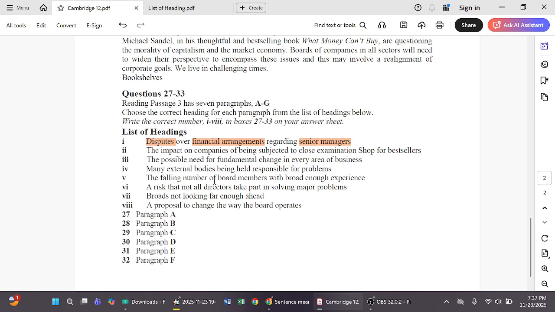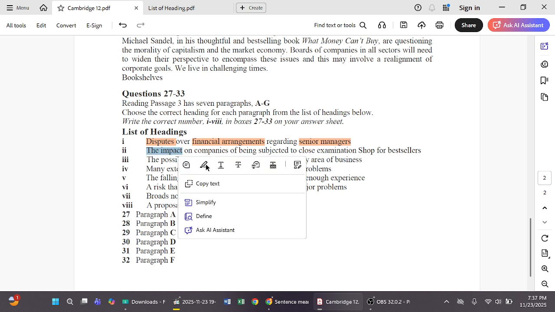Maybe they may not mention the particular word dispute, rather they may use synonyms, paraphrasing the sentence. So this is the first heading, and we are moving to the next.